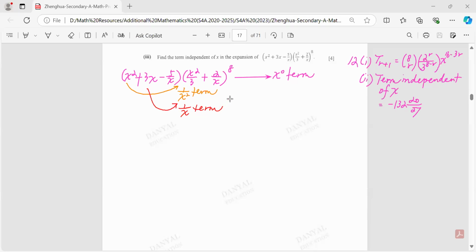From part 2, we know this term does not exist. Then we need x terms here.